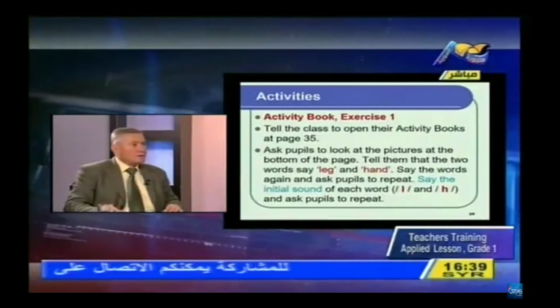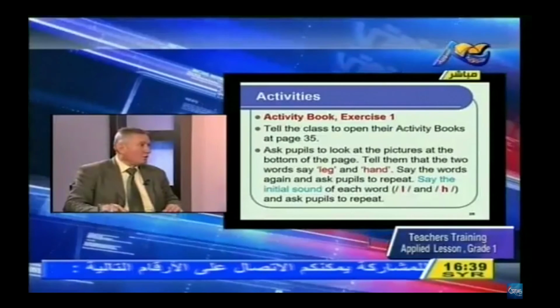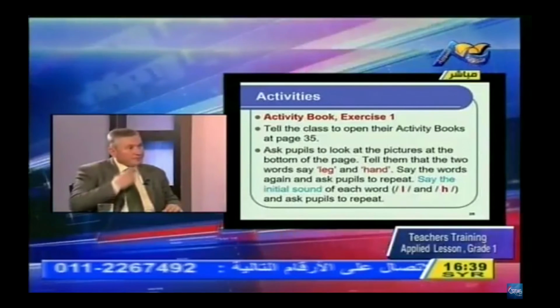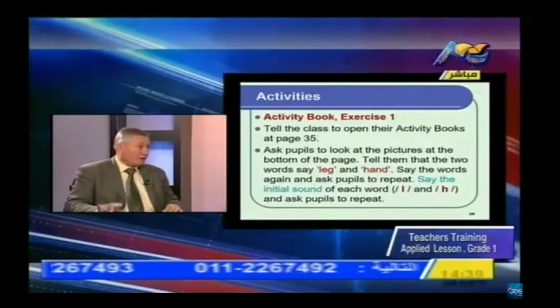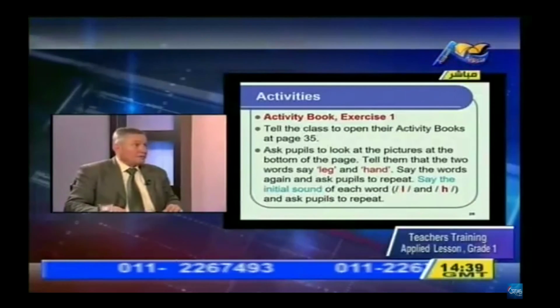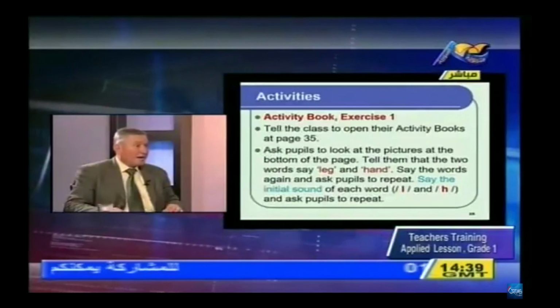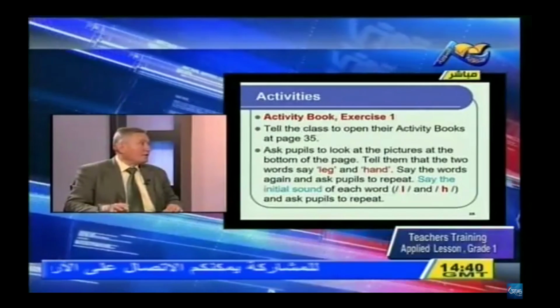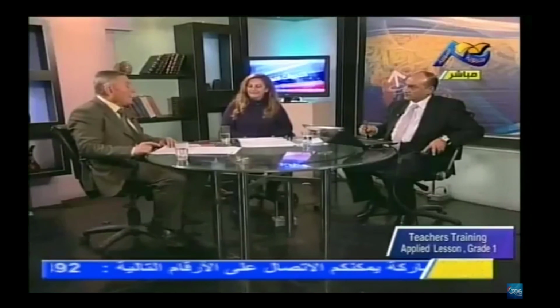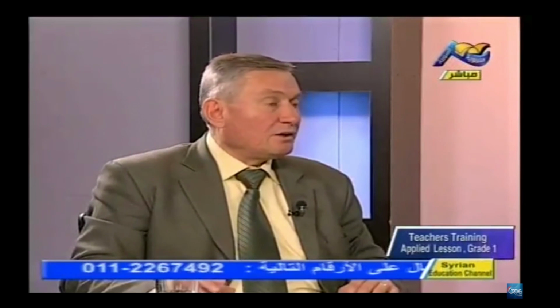At the end of the lesson, we tell them that this letter is called L. We call this letter L and we call this letter H in English. But it is pronounced L and H, for example. Exactly. So first we teach them the sound. In the end, finally, we tell them that they are called L and H. After we make sure that they learn them. Yes, good.